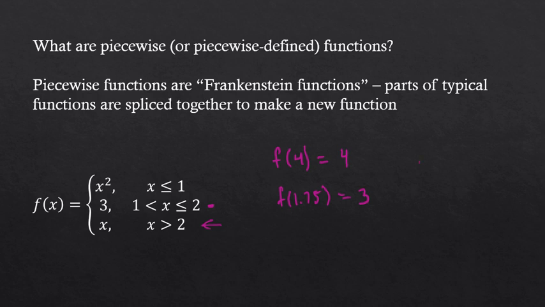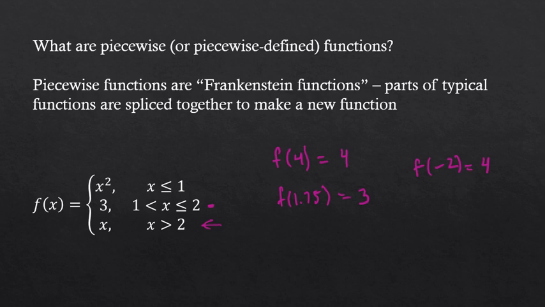And then lastly, if I said f of minus 2, well, minus 2 is less than or equal to positive 1, so I'm substituting negative 2 in for the x in x squared, and I get negative 2 squared, or 4. So that is just the basics of how we evaluate these piecewise defined functions, or piecewise functions.